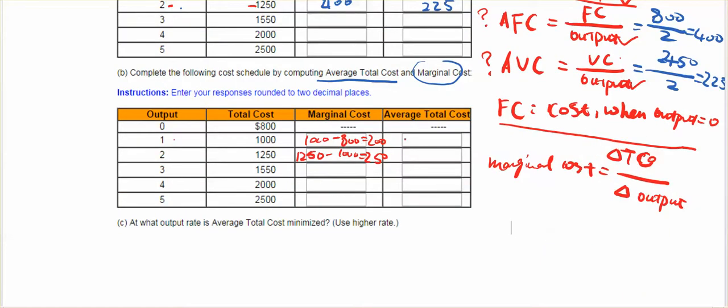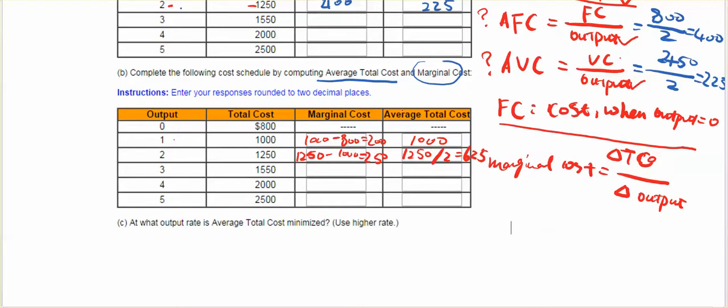When we have one output, the total cost is 1000, so here is 1000. When we increase to 2 output, the total cost is 1250, so you would just use 1250 divided by 2, and you got 625. So this is the second blank.